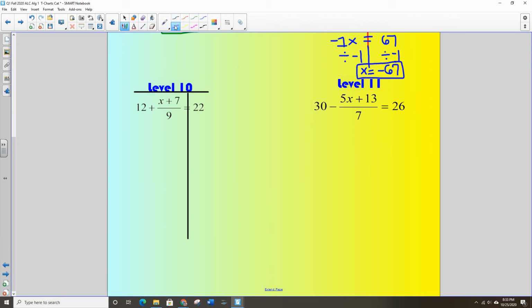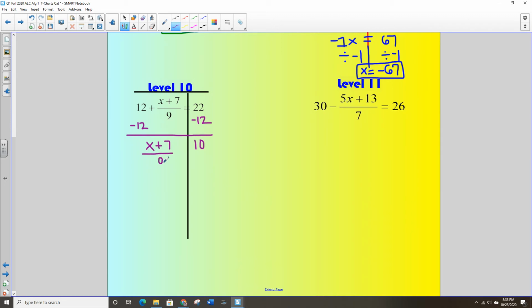Hopefully you said the 12. How do you undo the plus 12? You minus 12. And 22 minus 12 is 10. All right. You've got 2 protectors of the x to take care of. Are you going to take care of the plus 7?